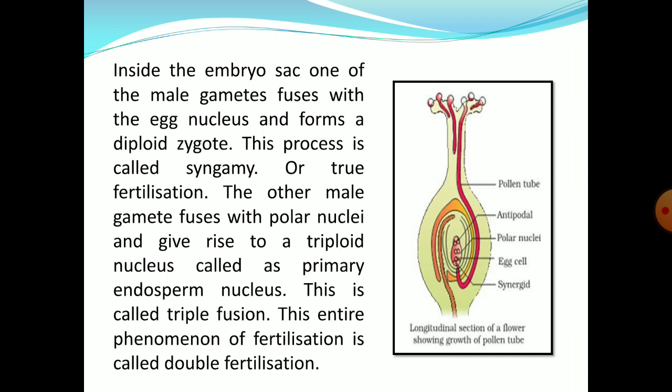The other male gamete fuses with polar nuclei, called triple fusion, to form PEN, that is primary endosperm nucleus. This primary endosperm nucleus provides nutrition to the developing embryo. Since fertilization occurs twice, it is called double fertilization. Here you can observe the LS of flower showing growth of pollen tube.